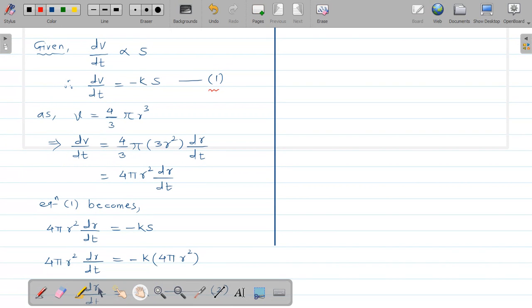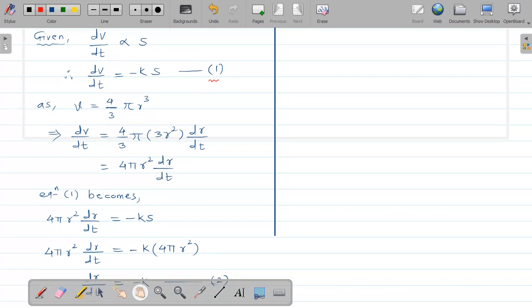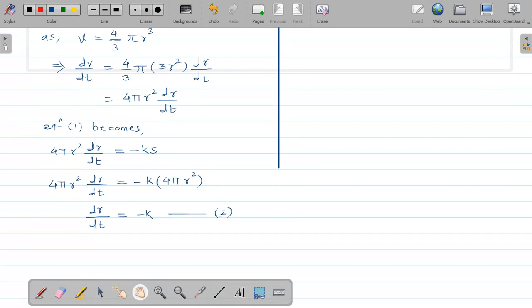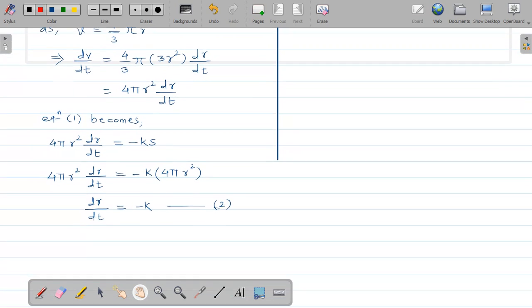Also we know the formula of surface area, and if you put that in equation number 1, then we get another differential equation in terms of radius, dr by dt, means in terms of radius and with respect to time. So this equation is very important to find the solution of this given question.